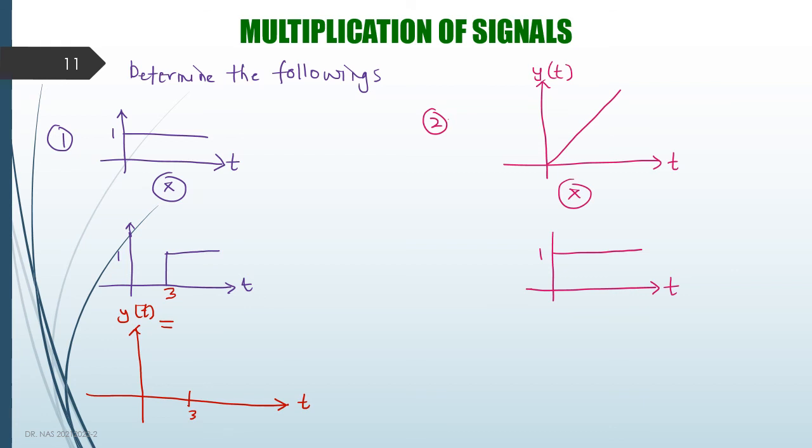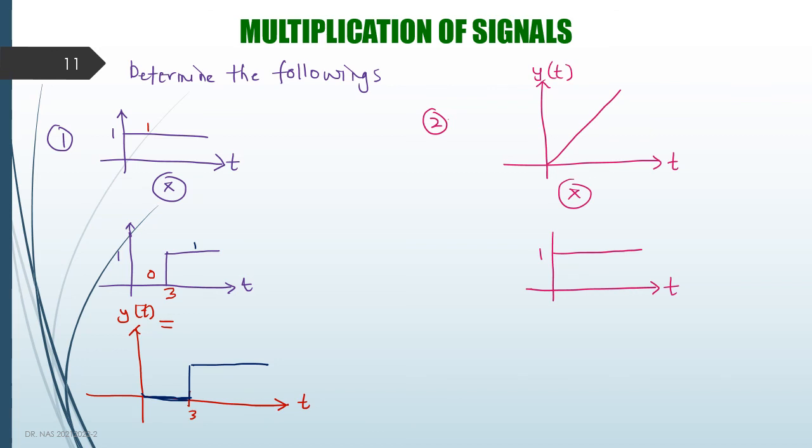From 0 to 3, 1 multiplied with 0, you get 0. From 3 onwards, 1 multiplied with 1, you get 1. Okay, so this is the answer.